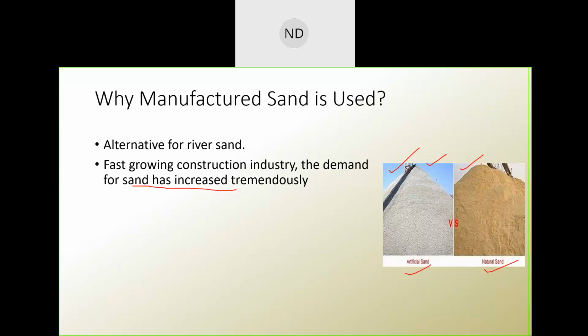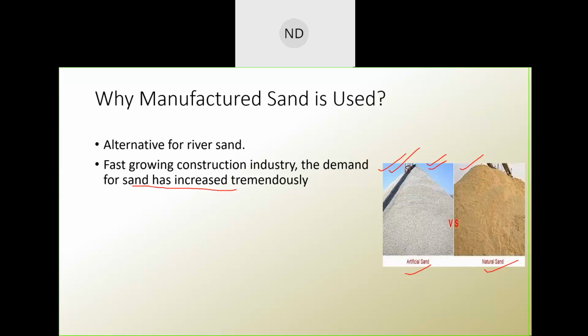So nowadays, in most constructions, this artificial sand, the crush of granite stones, is already being used as a replacement, because natural sand may not be easily available. But artificial sand, we can get at any time, anywhere, when we buy it.